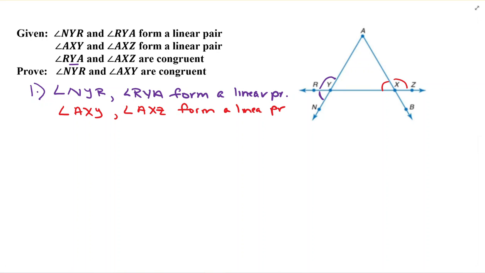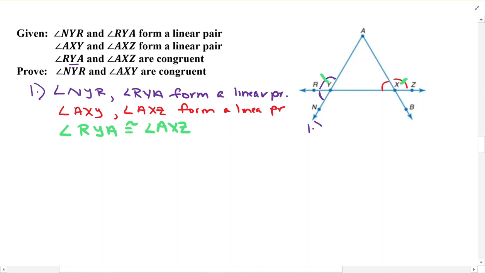We were also told that angle RYA is congruent to angle AXZ. So angle RYA, this one here, is congruent to AXZ, this one here. And this was our given.